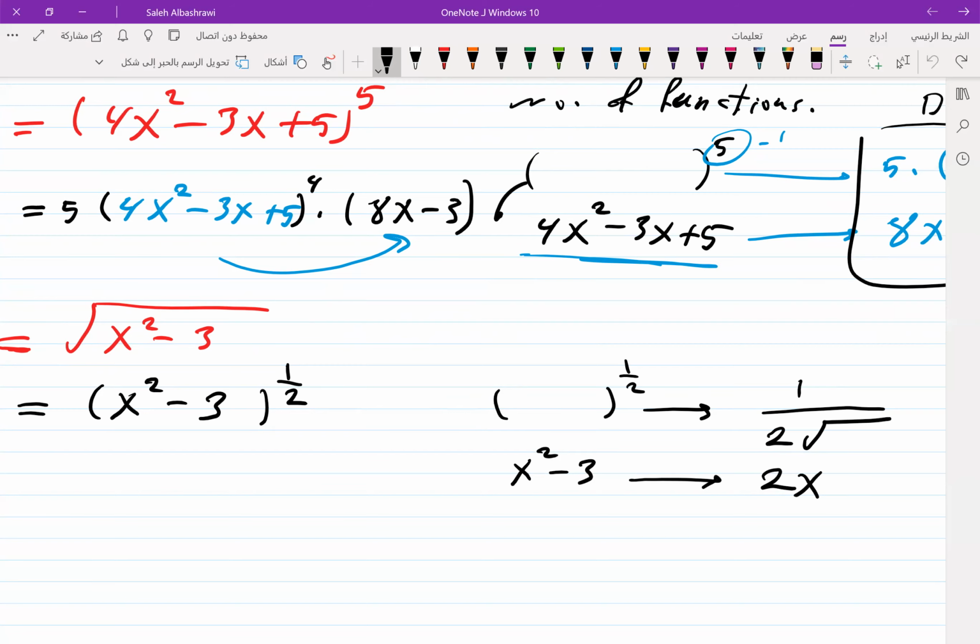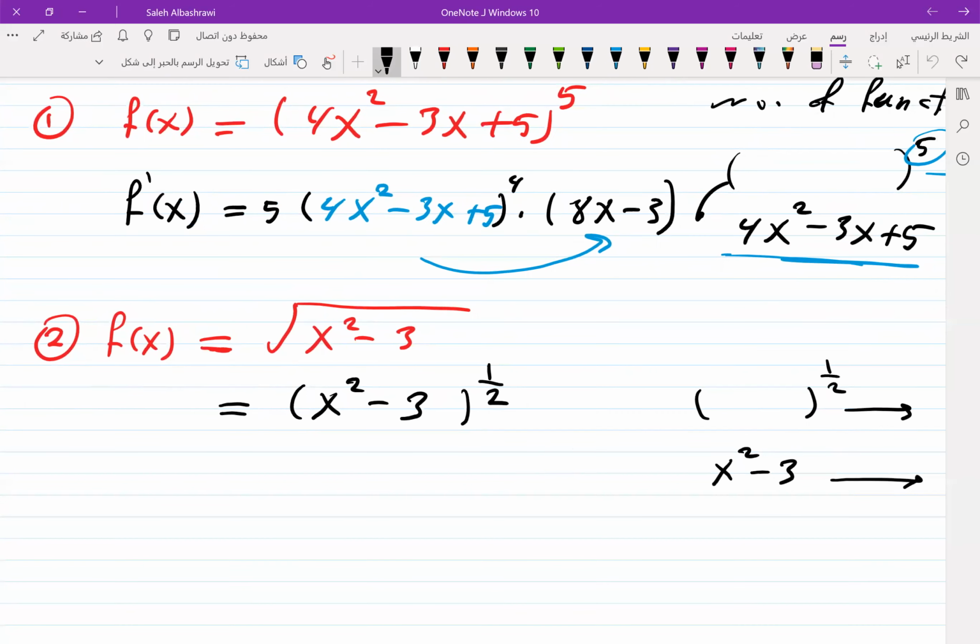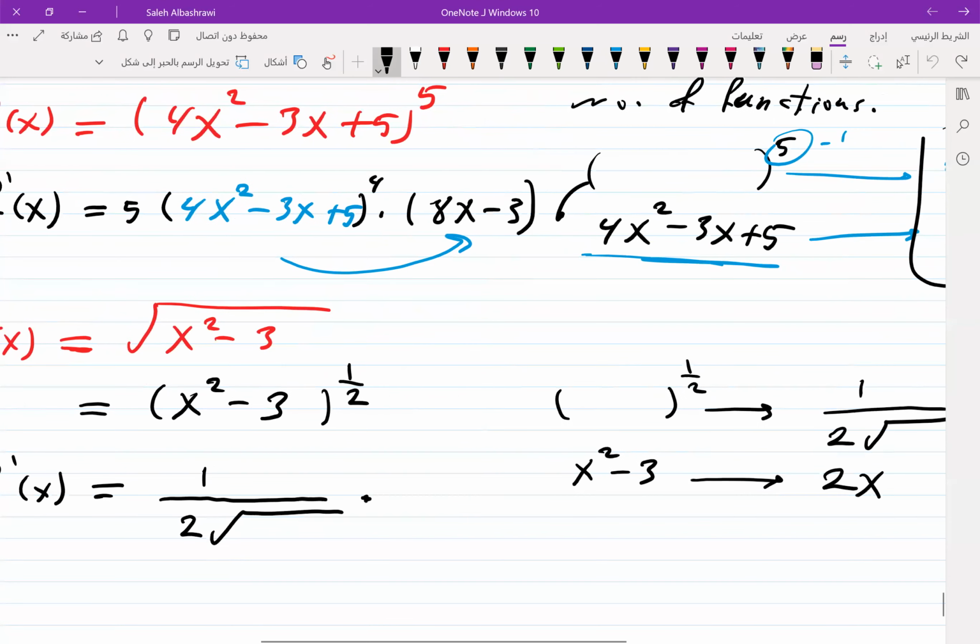So the derivative in this case, f prime of x, is equal to the derivative of the square root, 1 over 2 square root, multiplied by the derivative of the second function, which is 2x.